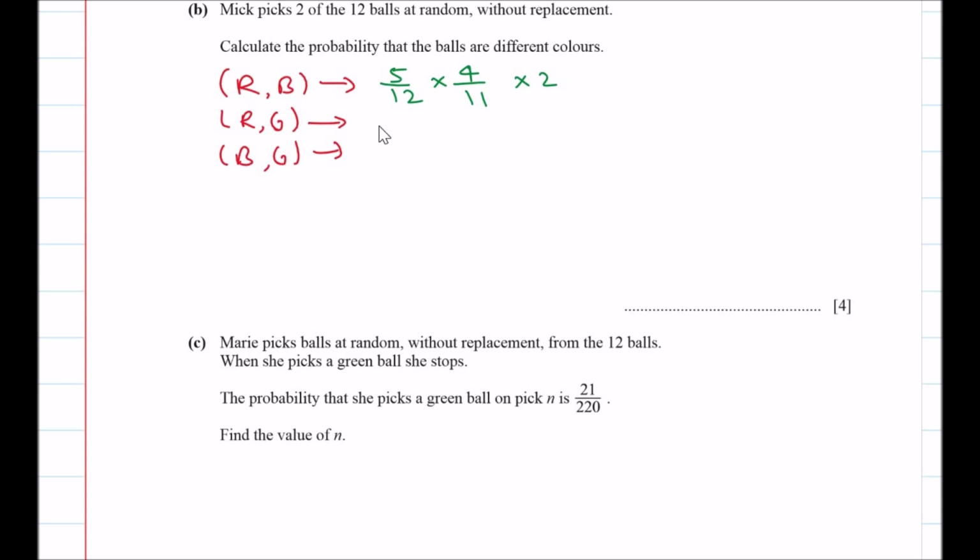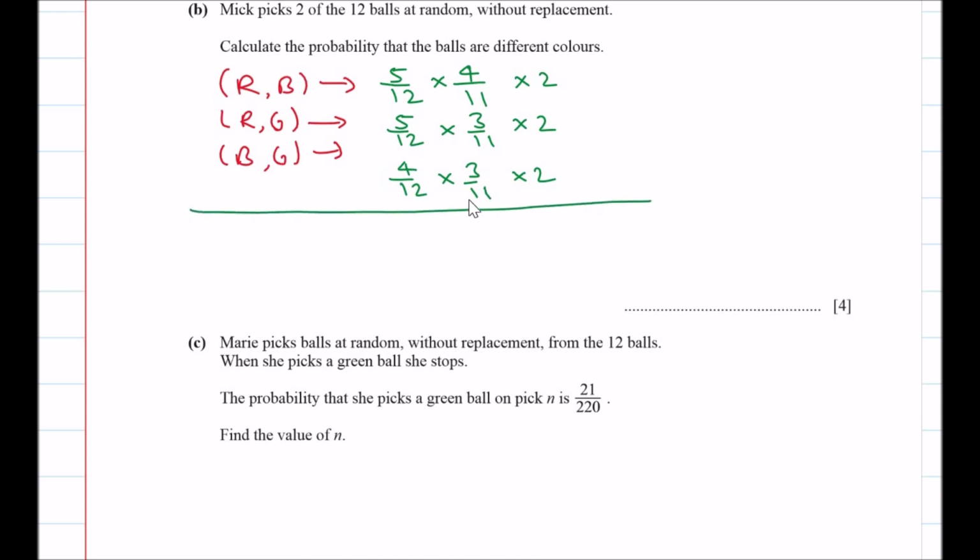Now for red, green. So we write here 5 by 12. Green, there are 3. So 3 by 11. And we need to again multiply by 2 because red, green and green, red, both cases are there. Now blue, green. So blue, green means 4 by 12 into 3 by 11 into 2.